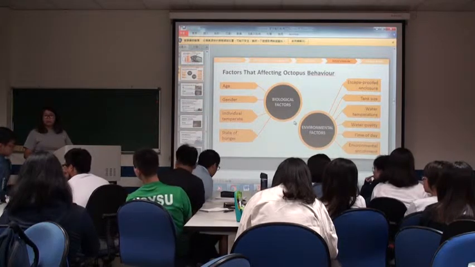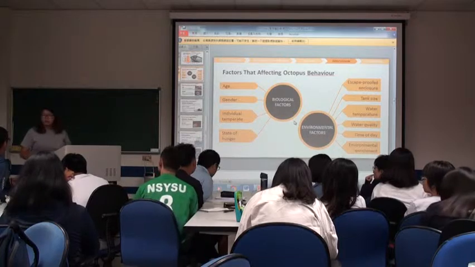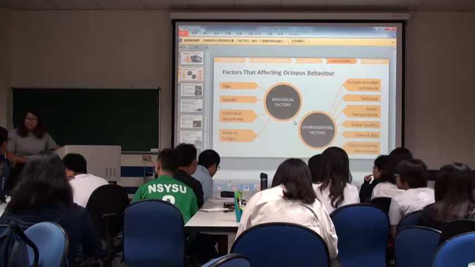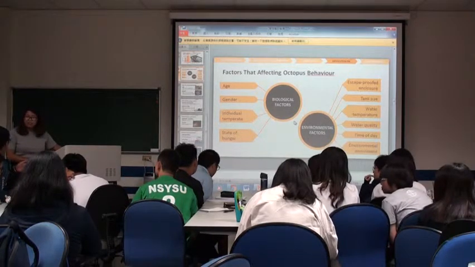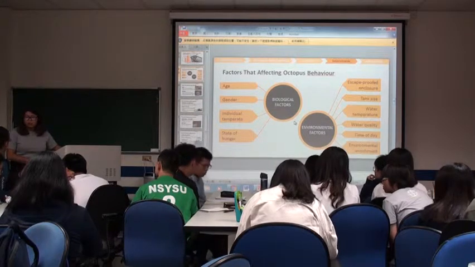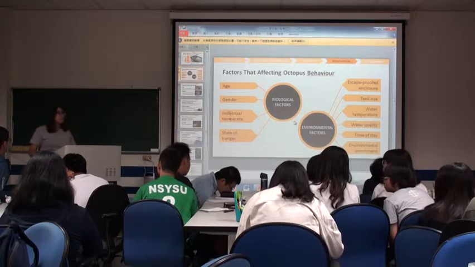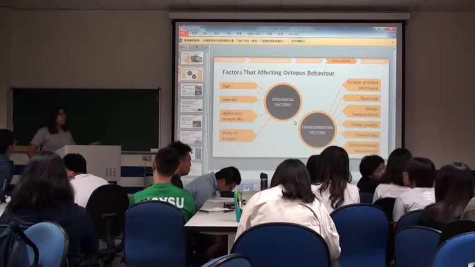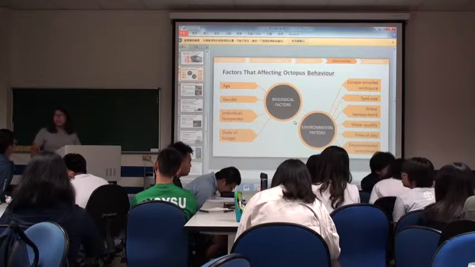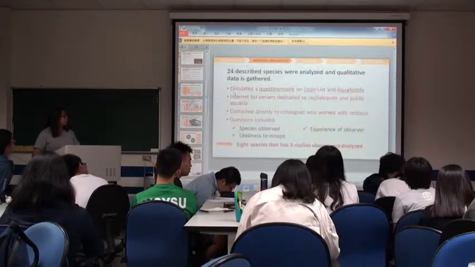Our research is on the escape factors of octopus. The researchers learn their behavior by observing. We have the list of methods.